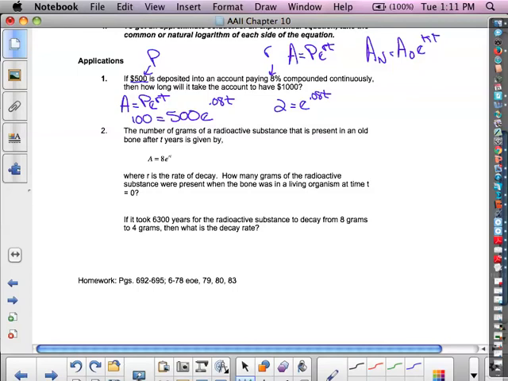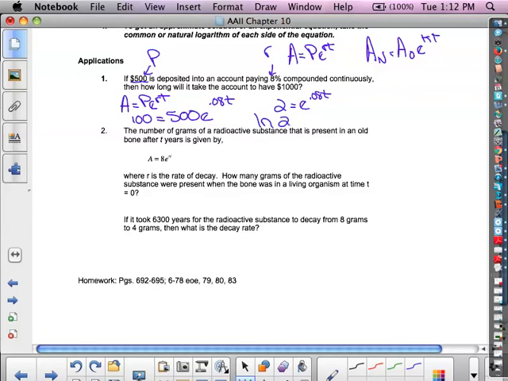How will you solve that? If you take the natural log of both sides, remember the natural log and log base 10 have all of the properties exactly the same. They're just two different bases: the common base 10, and e, which is ln, the base of the natural log.